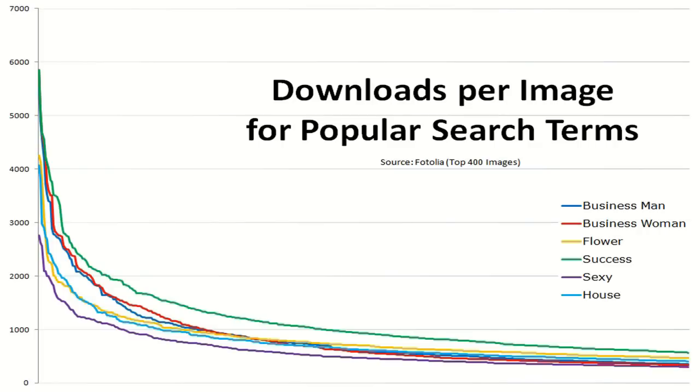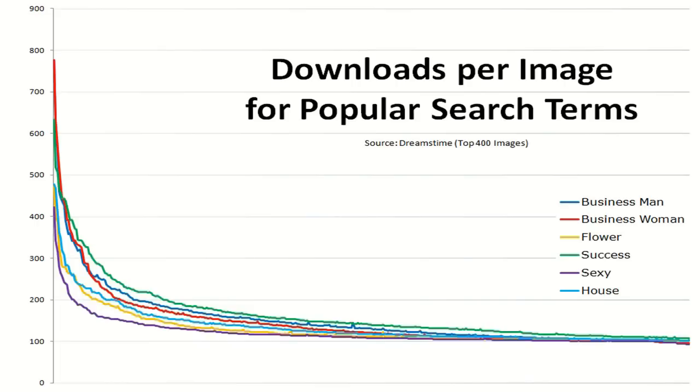If you take the number of downloads per image and map that out for the top 400 images, you see the top few percent of images have the vast majority of the downloads. That would be page 1, page 2 of the search results. And you see there we've got the same result more or less from 2 different competing agencies.